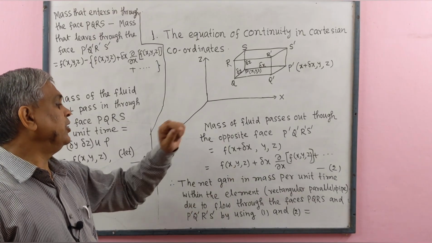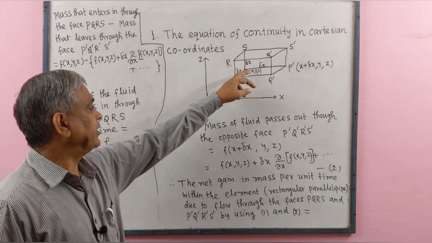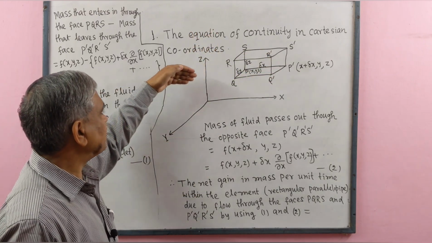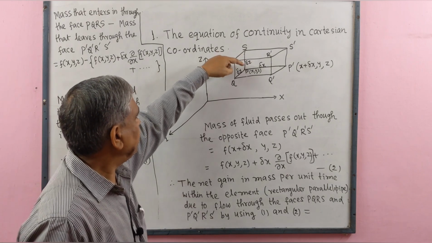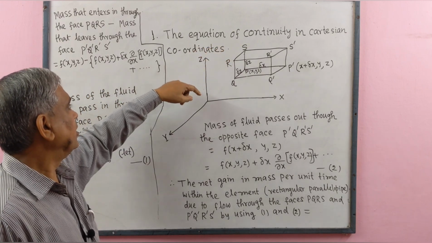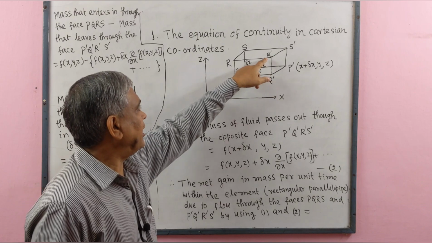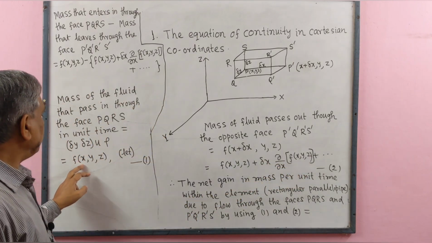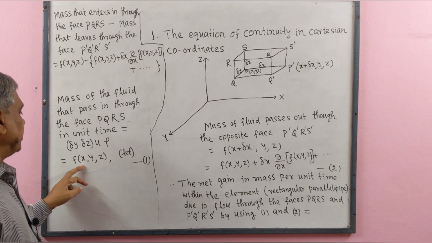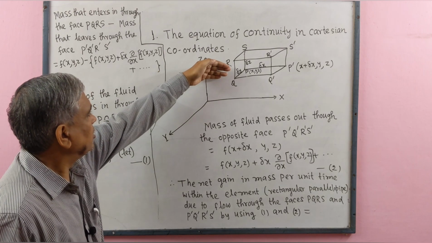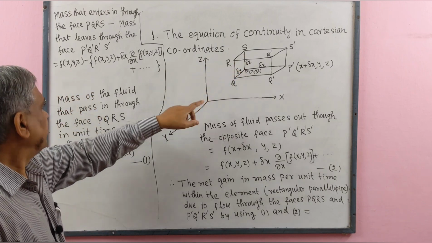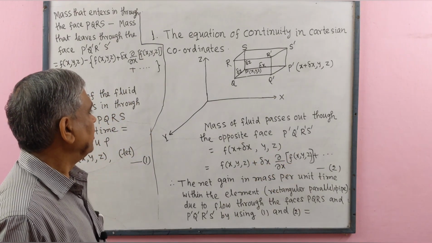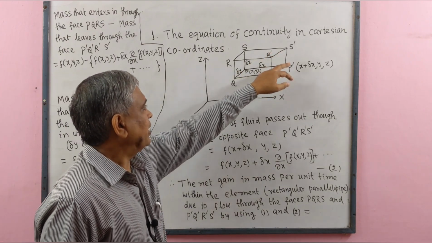Therefore, the net gain in mass per unit time within the element, this rectangular parallelepiped, due to flow through the faces PQRS and P prime, Q prime, R prime, S prime, by using 1 and 2: this amount of mass of the fluid enters through this face in unit time, and this amount of mass leaves per unit time through this face.